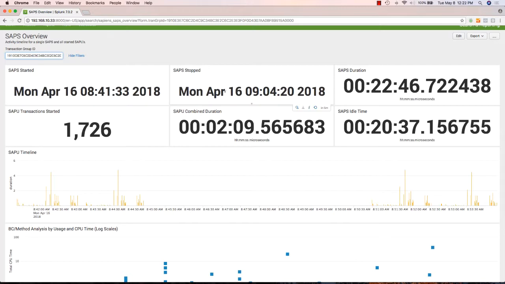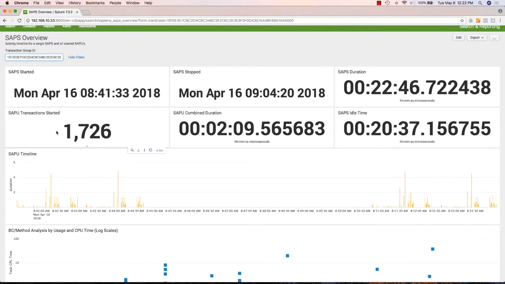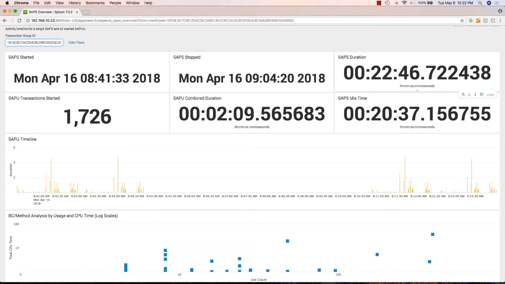For example, when did it start, when did it stop, and what the total duration of the SAPS transaction was. Because again, the SAPS, think of it as holding a session. Well, then how many SAPU transactions occurred under that? Well, it turned out 1,726 individual requests were made to fulfill this session.